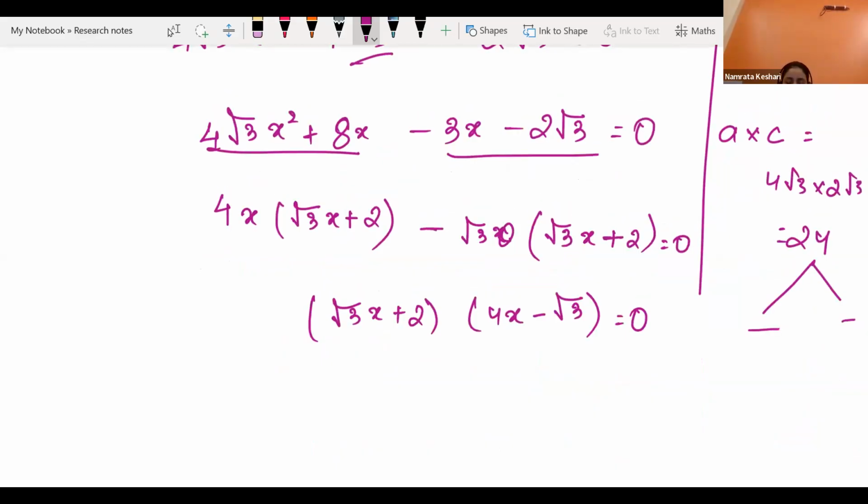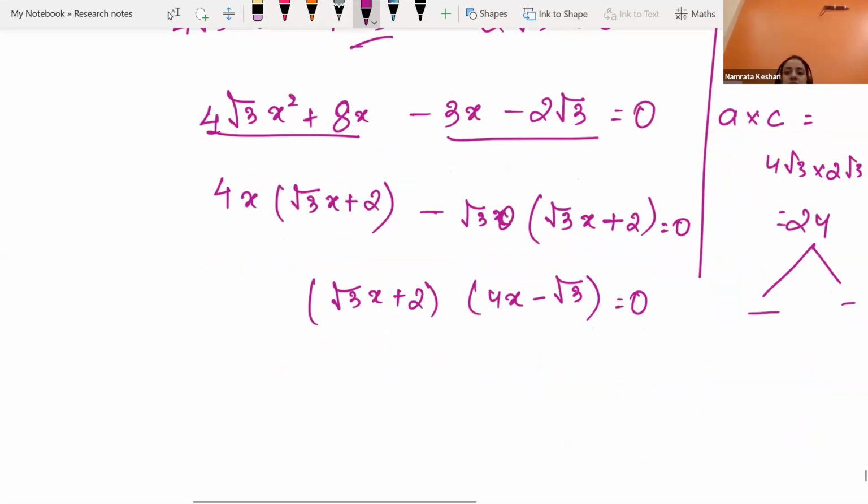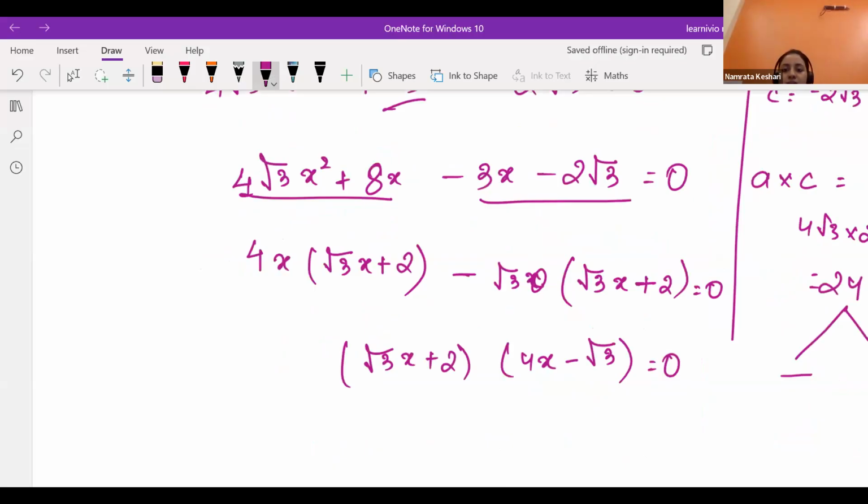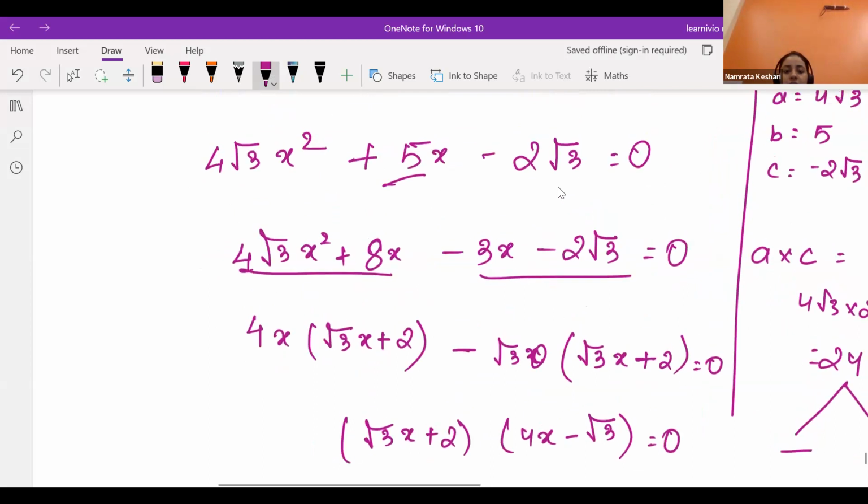Excuse me, ma'am. Yes, Zoha. For the first line, the 4 root 3x square. For the second term, it says minus 3x, so we cannot take the x common, right?